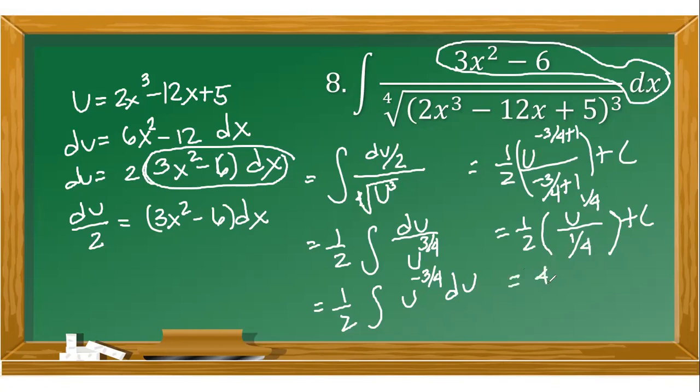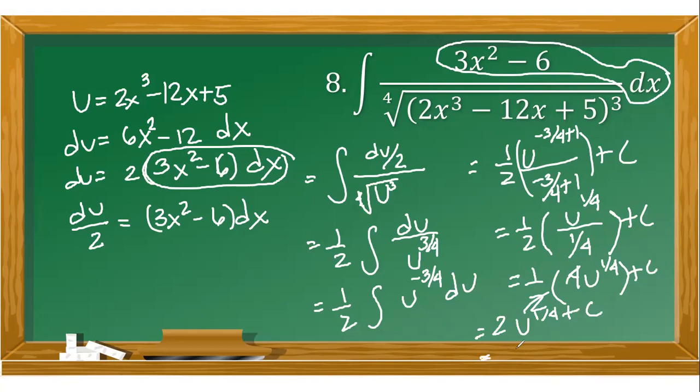So we get 4. 1/2 times 4 u raised to 1/4 plus c. Okay, cancel out the 4 and the 2. So the answer is 2 u raised to 1/4 plus c.